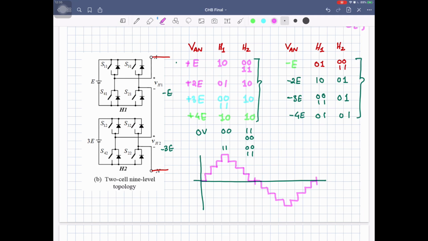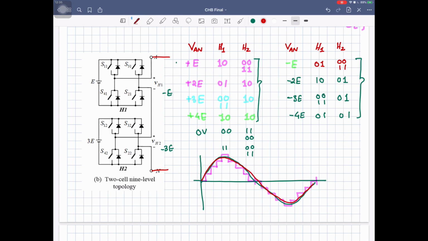You will have to select the timings of the switching states such that the steps in the output voltage waveform closely match the sinusoidal variation, so our THD will be reduced. So we can approximate the sine wave by increasing the number of levels.